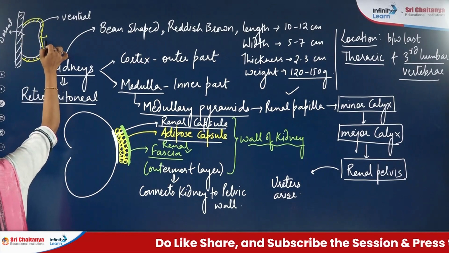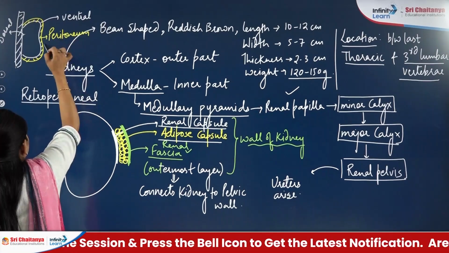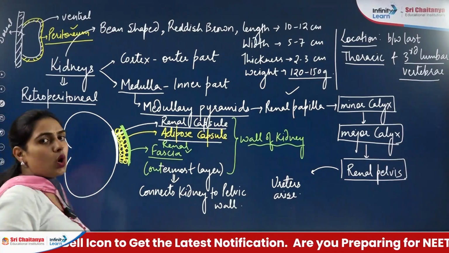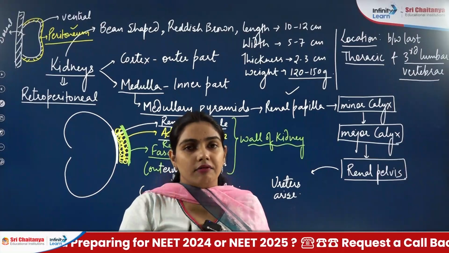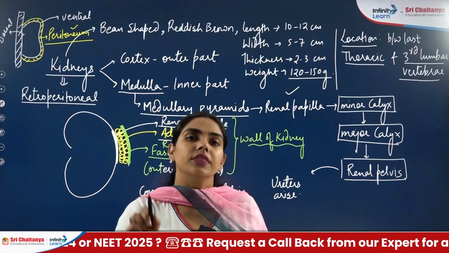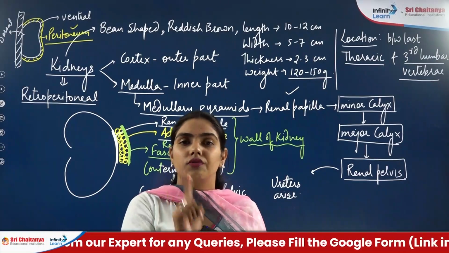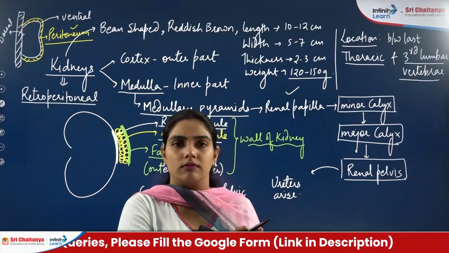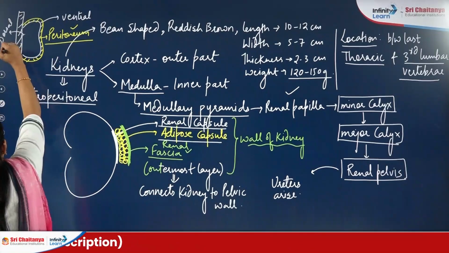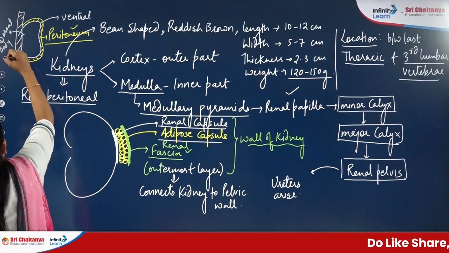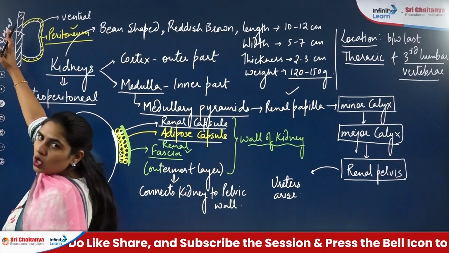As I said, every organ has a covering known as peritoneum. So, this peritoneum is present only on the ventral side, right? Kidneys are covered by peritoneum only on the ventral side, not on the dorsal side, because the dorsal side is fused with the dorsal body wall. This is the dorsal body wall. So the dorsal side of the kidney is fused with the dorsal body wall.